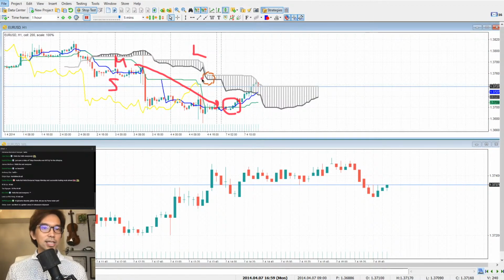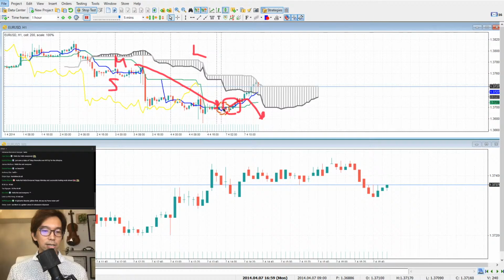So the fact that the Tenkan-sen and Kijun-sen gold cross below the Kumo means that this is the end of the downtrend in the short to mid-term, but it doesn't mean that it keeps going up. It might retrace backwards and go downwards because the price is basically still below the Kumo. So you don't want to take a buy at this Tenkan-sen, Kijun-sen gold cross.